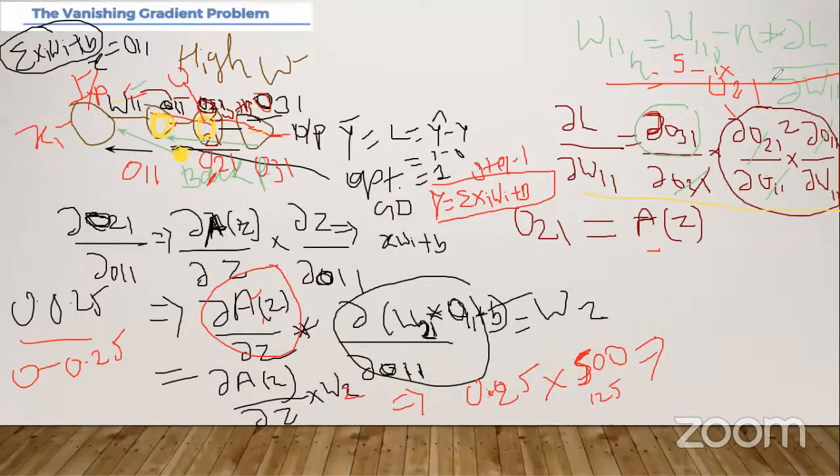Let's say hypothetically. So that means 5 minus 125. What will the value be? 5 minus 125, that is minus 120. So my new weight will become 120, wherein my old weight was 5.